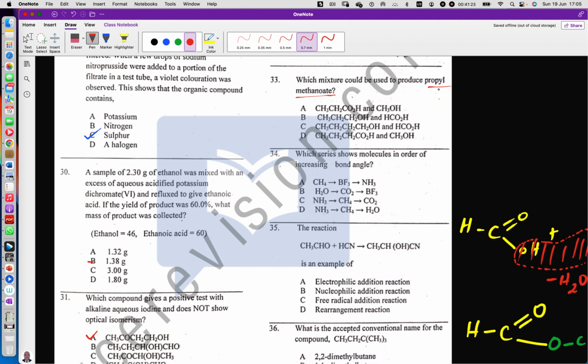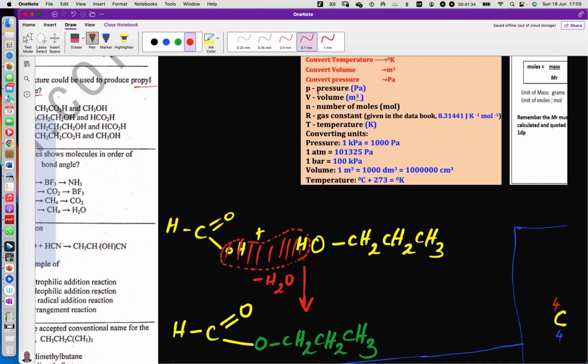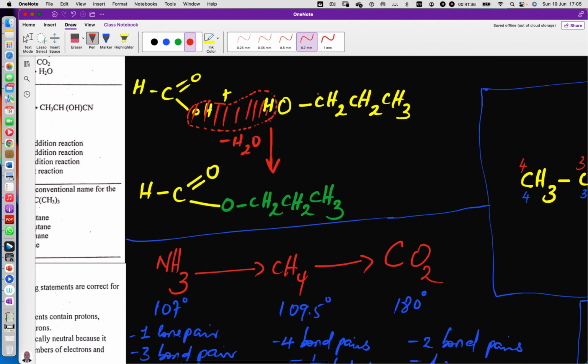If it is methanoate that we end it with, then the acid was methanoic acid. Let's see if we can write the equation here. This is propan-1-ol and this is methanoic acid. When an ester is formed by a condensation reaction, a molecule of water is taken away, and we call this propyl methanoate.